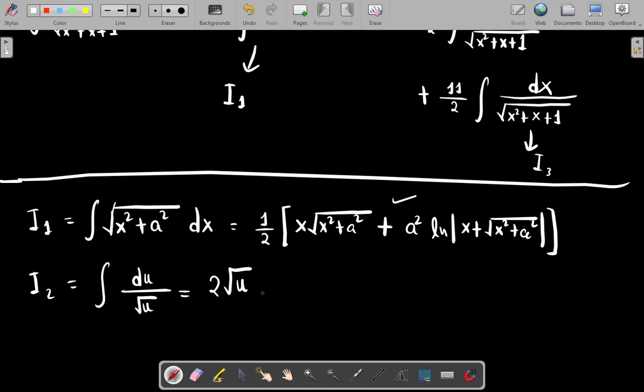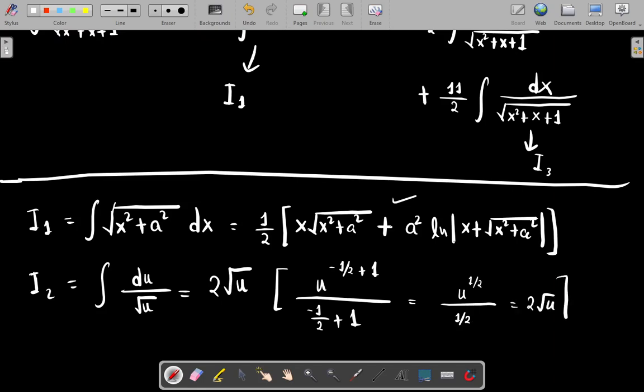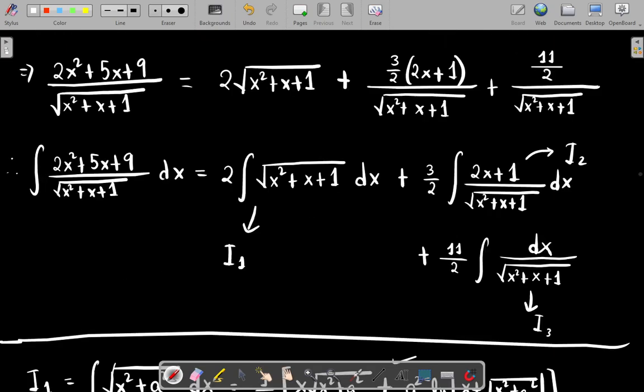So this changes to 2 root u, like d/dx of 2 root x is root x, right? So if you want the formula version, this is u to the power minus half plus 1 by minus half plus 1, so this becomes u to the power half by half, so this becomes 2 root u. This will be the formula for this second integral.